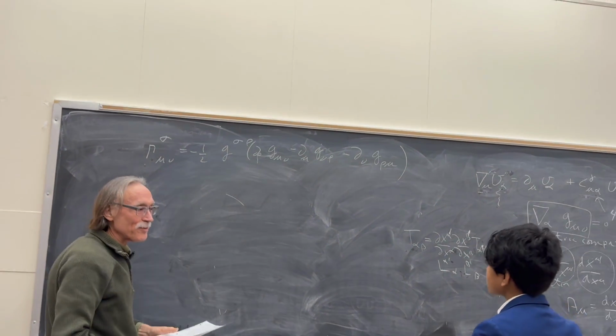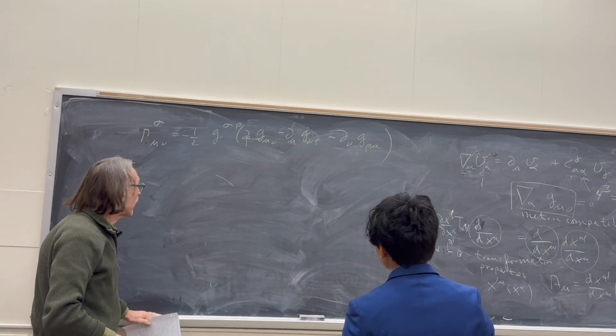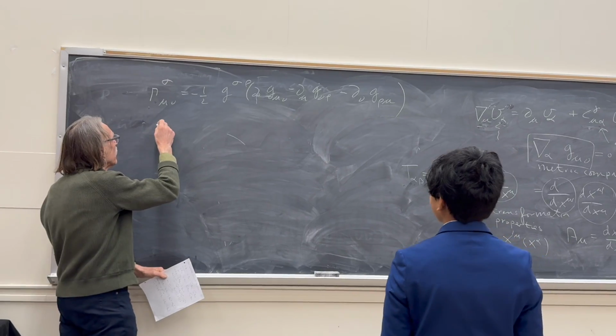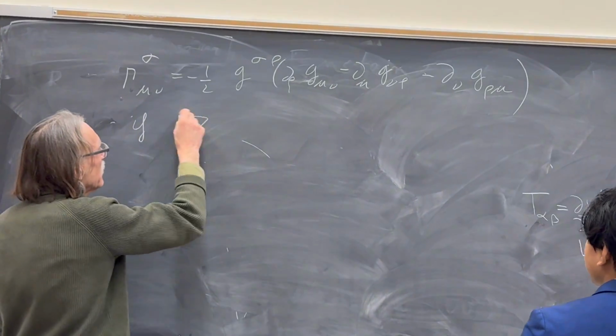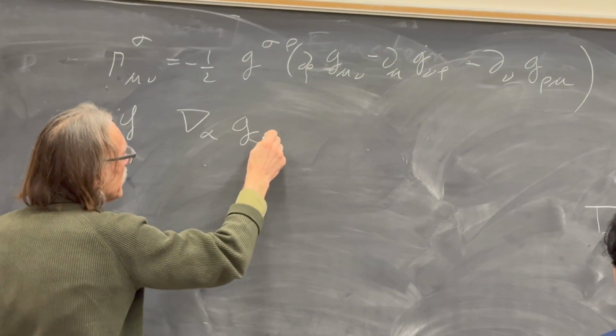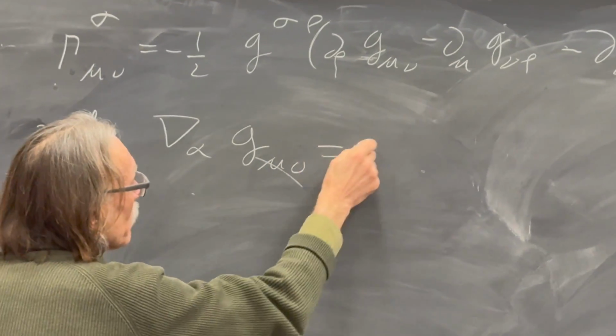It's a complicated combination, and that follows when this derivative of g mu nu is equal to 0.